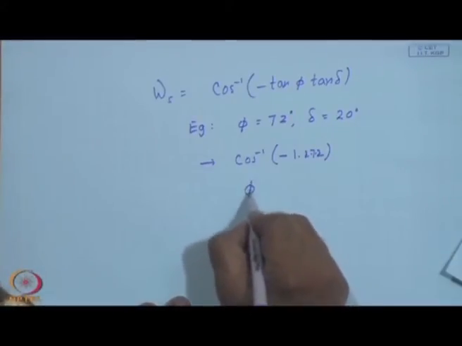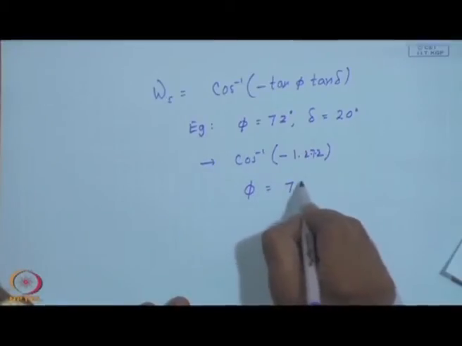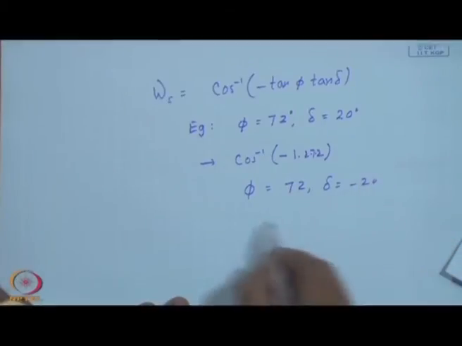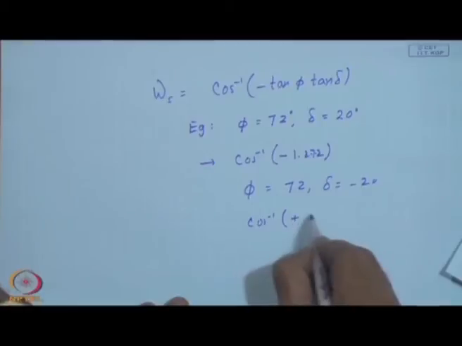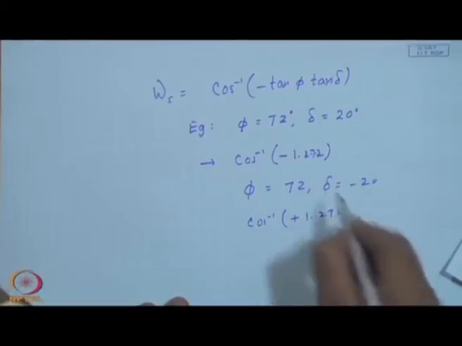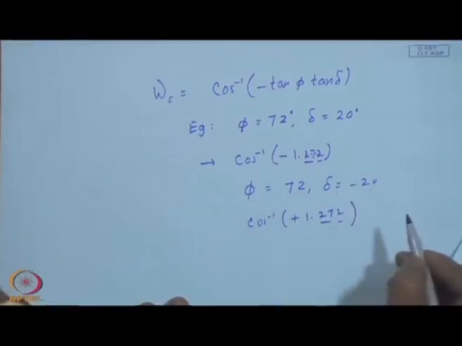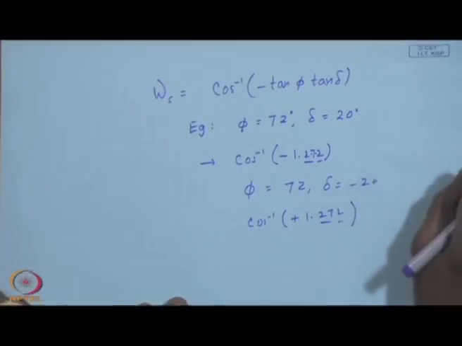And another example I can take, phi is equal to 72, delta is equal to minus 20. Then I have cos inverse of plus 1.272, with the same pinch of salt for that 0.272. Now, obviously, you do not know cos of minus 1.272, right.